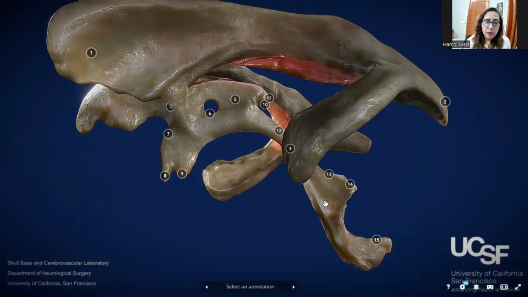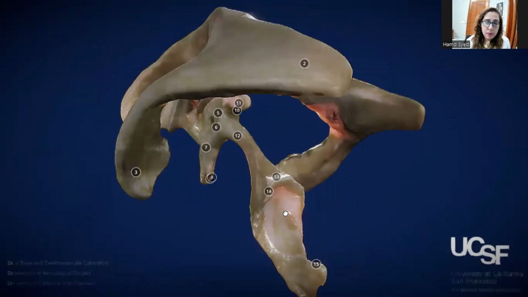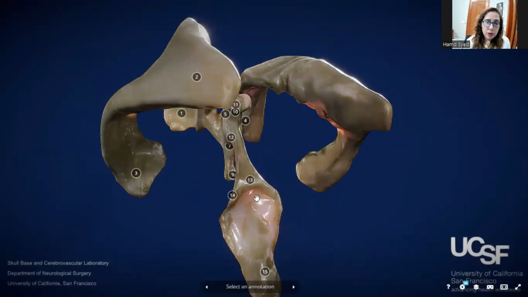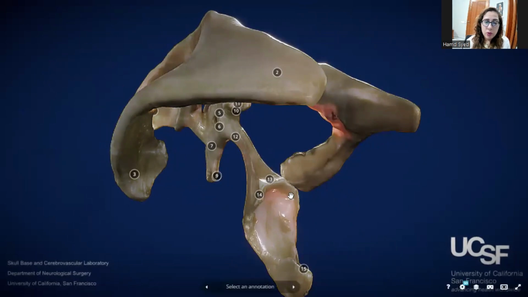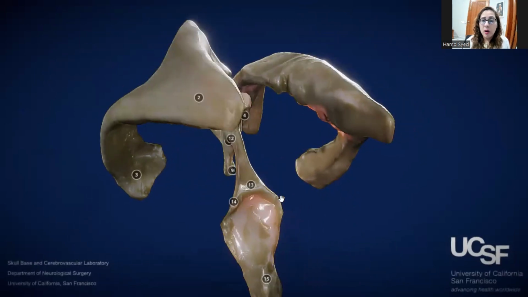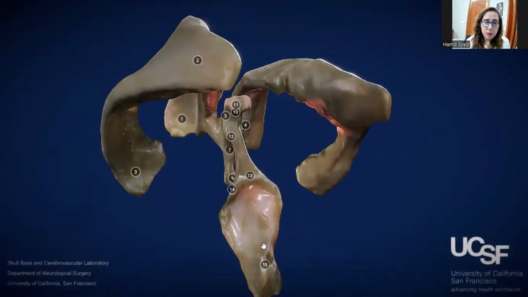And over here, if we look at the fourth ventricle, we can see the two lateral recesses on either side, and from there are present the two lateral foramina of Luschka. And over here in the median plane is the foramen of Magendie, that is the median aperture.